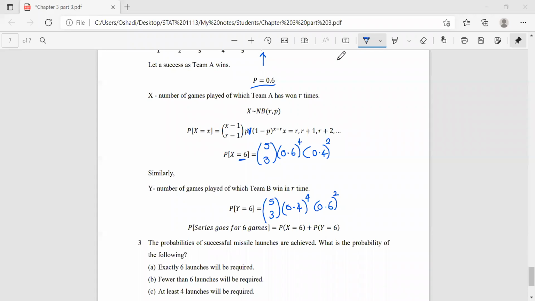Now we can add the two probability values and find the probability that the series goes for 6 games.